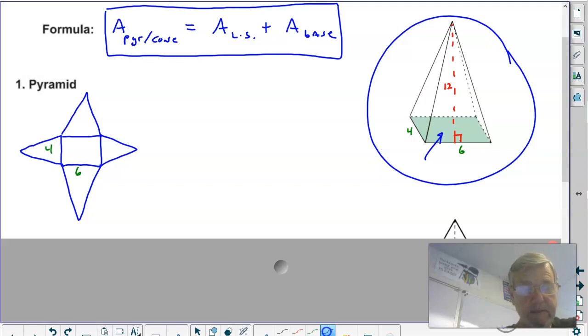Does that make sense? So the area of the base is a rectangle, and notice we have 4 triangles. Now, if our pyramid had a square base, all 4 triangles would be exactly the same, and that would be nice and easy.